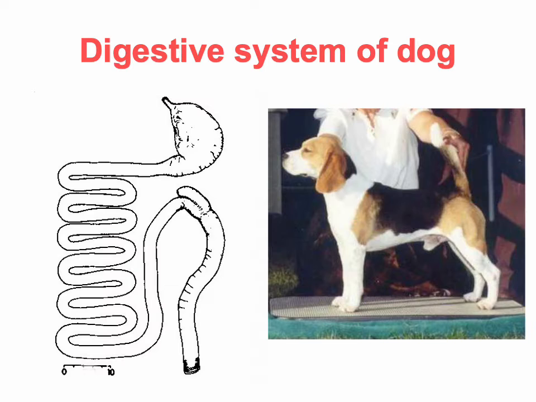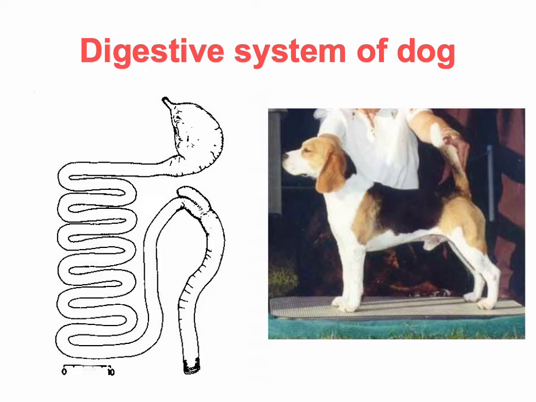If you see the development of the different digestive systems of the possible experimental laboratory animals, you can see the dog digestive system with a relatively huge stomach, simple intestine and very small cecum.